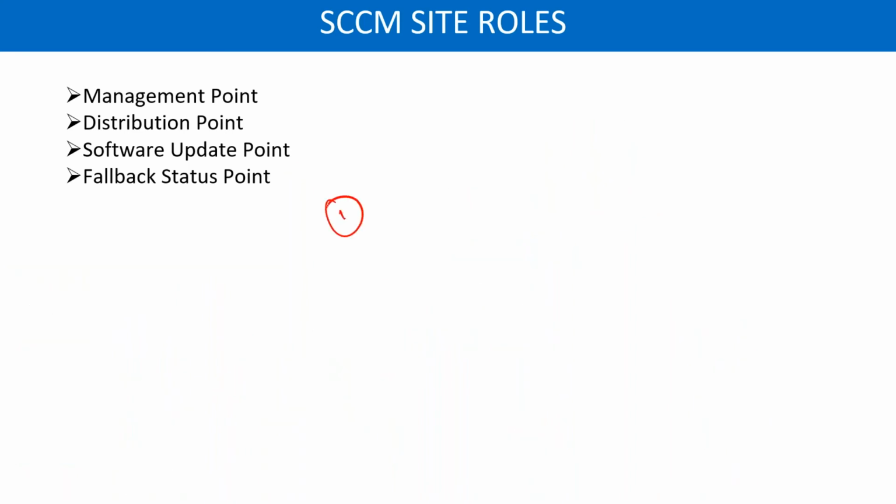So it will work as DP as well as MP also? No, don't get confused. It's not a replica of DP and MP. It is only collecting status messages. It is not collecting inventory. MP is collecting inventory, plus it is also giving policies.